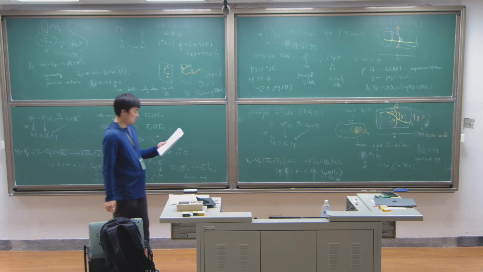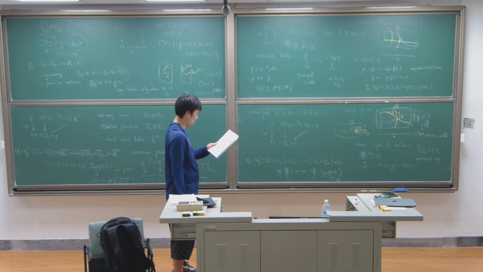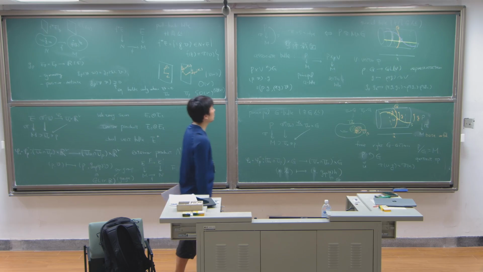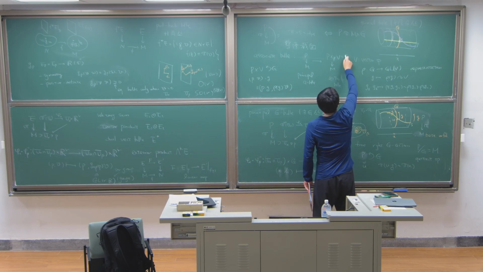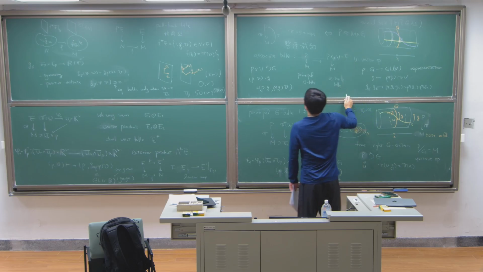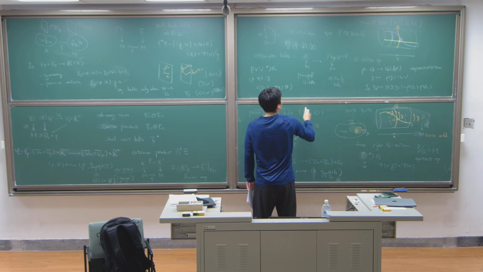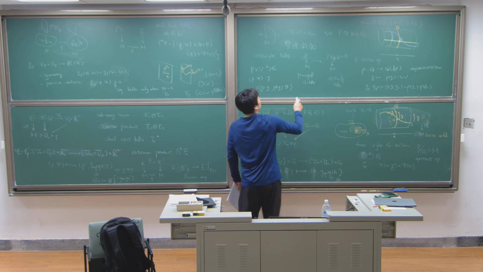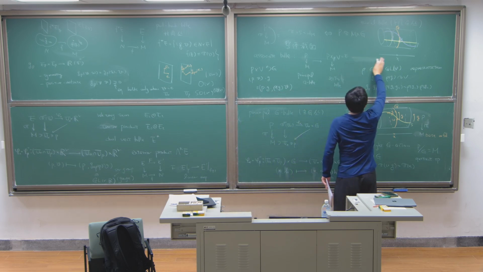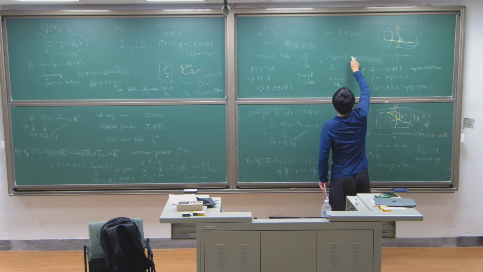Then this bundle E, which I call the associated bundle, is just a quotient space. It is equal to P cross V modulo this G action.